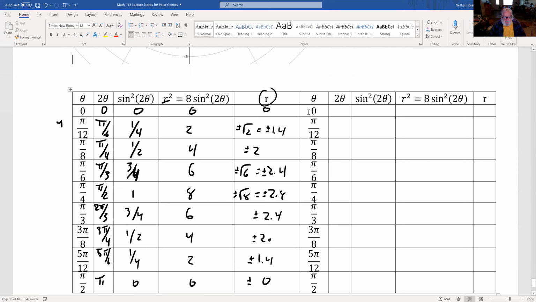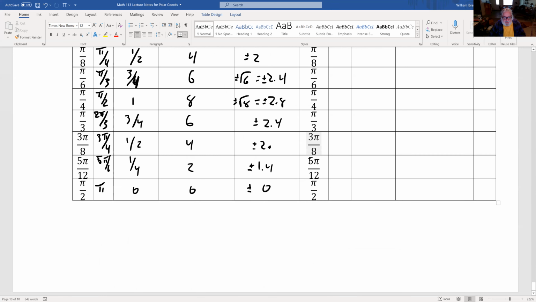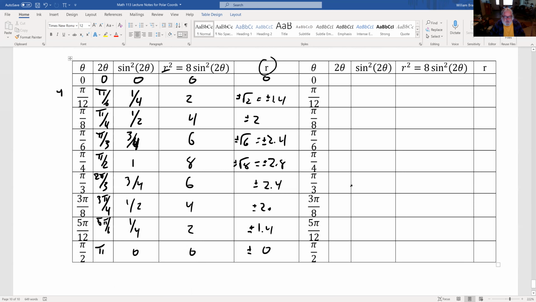What about theta's going from 0 to, I did not, I just cut and pasted and did not change these things.